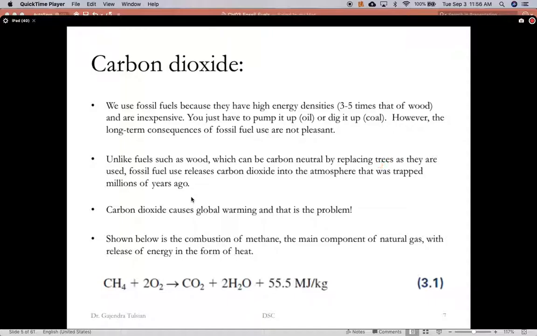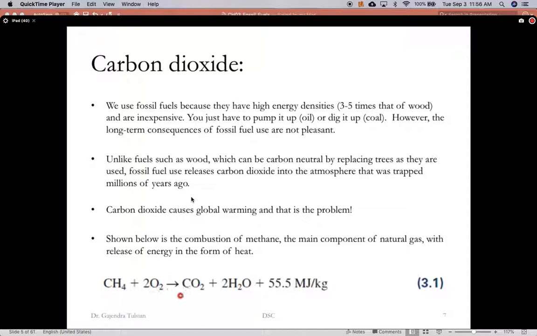So if you keep using wood and keep replanting trees, that's carbon neutral, and that would be fine. Except the reason we switched from wood to oil and gases is that oil and coal have 3 to 5 times the density. Again, carbon dioxide causes global warming, and that's the problem.